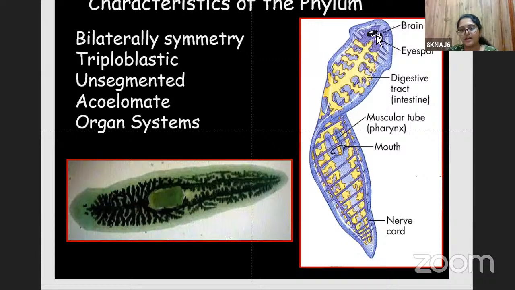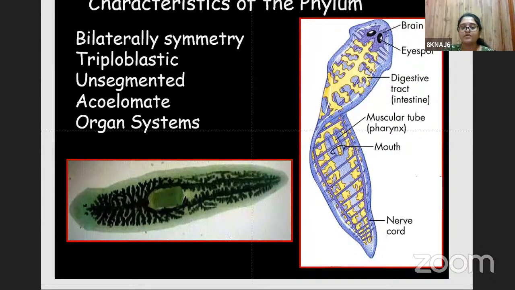This is the dorsal area, this is the ventral area: if you see my hand, the palm side is the ventral area, and this is the dorsal area. The mouth is on the ventral side, and you have a protrusible pharynx and an intestine, which is extensively branched. Occasionally a free-swimming larval form is also present.